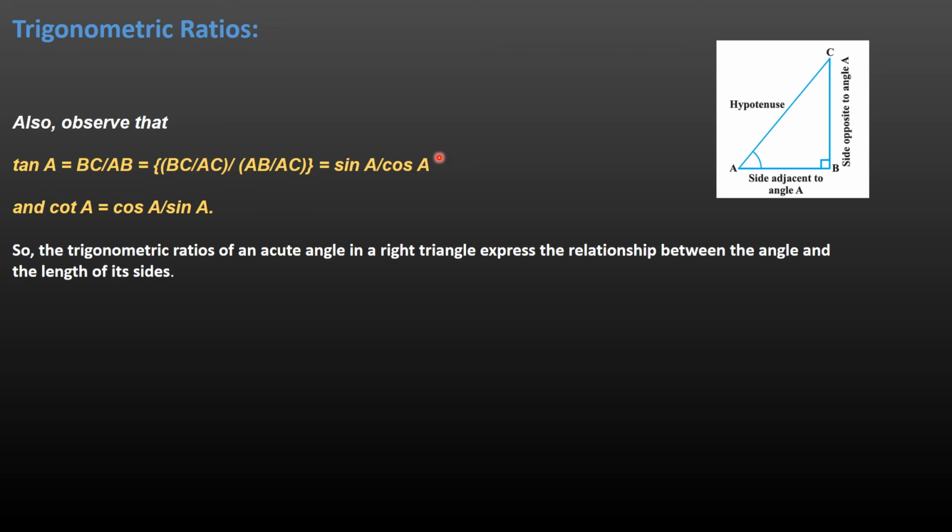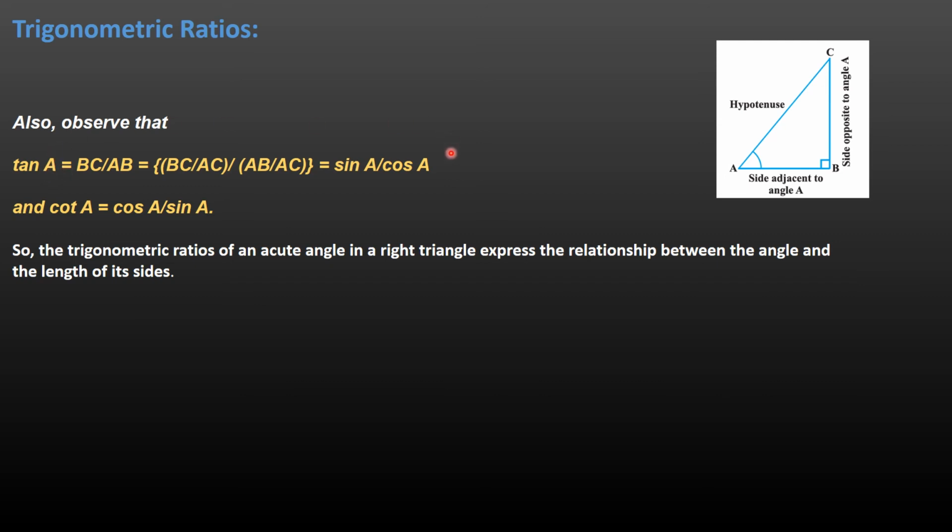So if you get a question in your examination where they give you cosine theta and sine theta, and they ask you to determine the tan theta of that angle, then it is simply sine upon cosine that will give you your tan theta value.